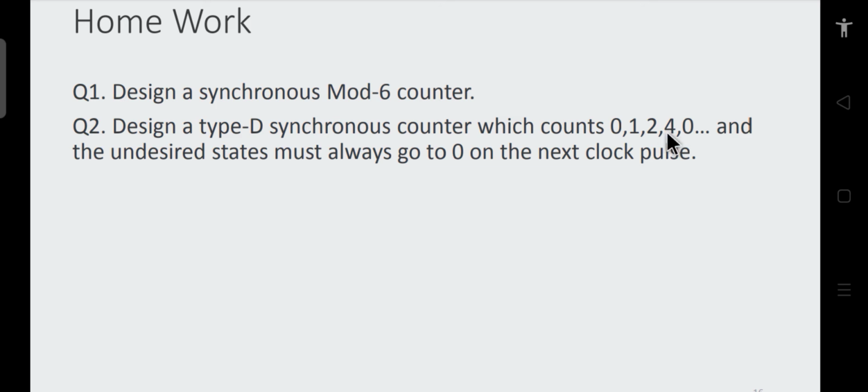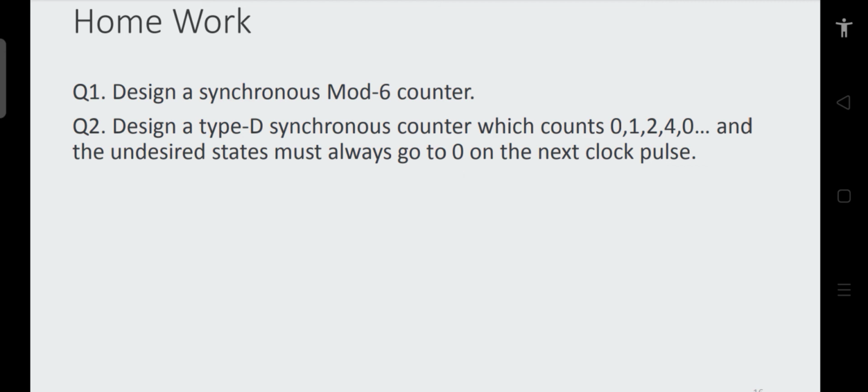Apart from 0, 1, 2, 4, the remaining states 3, 5, 6 and 7 will be your unused or invalid states. If the counter goes into these states, you have to make the circuit such that it comes to the 0 state, so it should get reset.